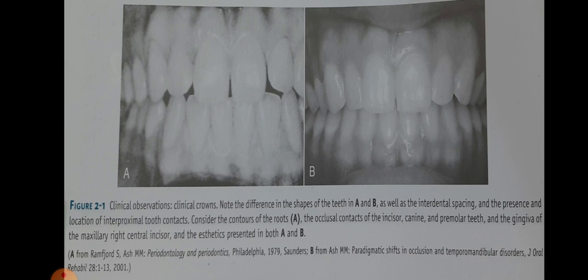The situation in figure 2.1b demonstrates a periodontal problem, that is, localized gingivitis of the gingival margin of the right central incisor, which is in turn a part of the result of the inadequate proximal contact relations of the incisors, leading to food impaction and accumulation of dental plaque and sometimes calculus.